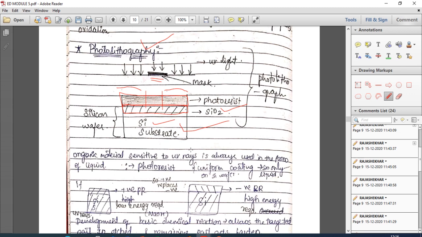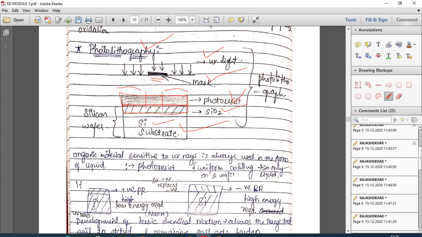So that can be achieved using photoresist material, a mask and a UV light. As I said, the light which falls on the photoresist, that part will be hardened, it cannot be removed, and which is masked, that part will be softened.